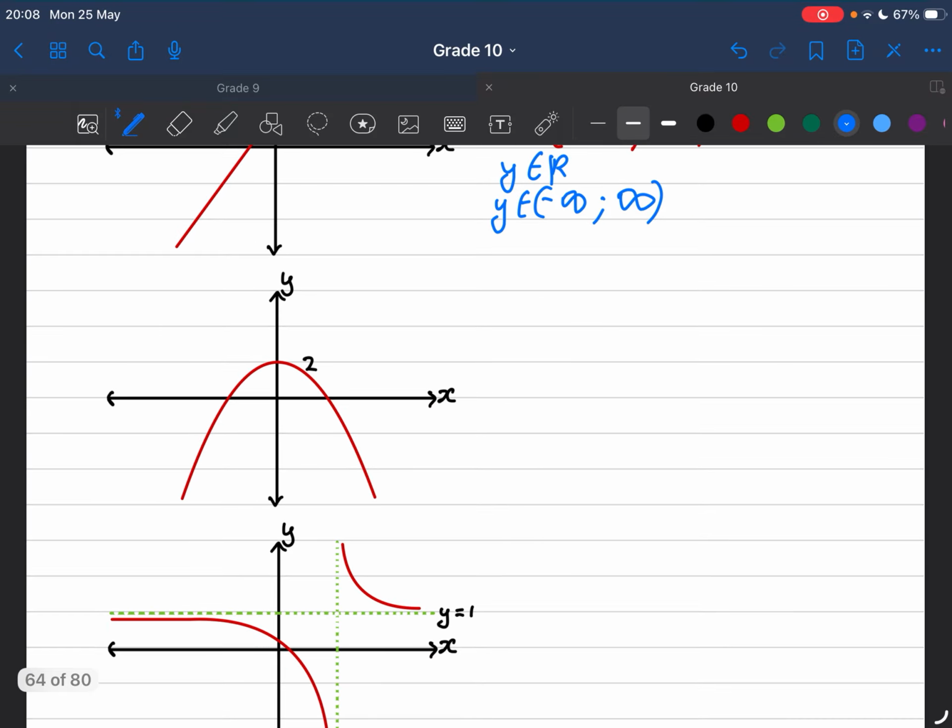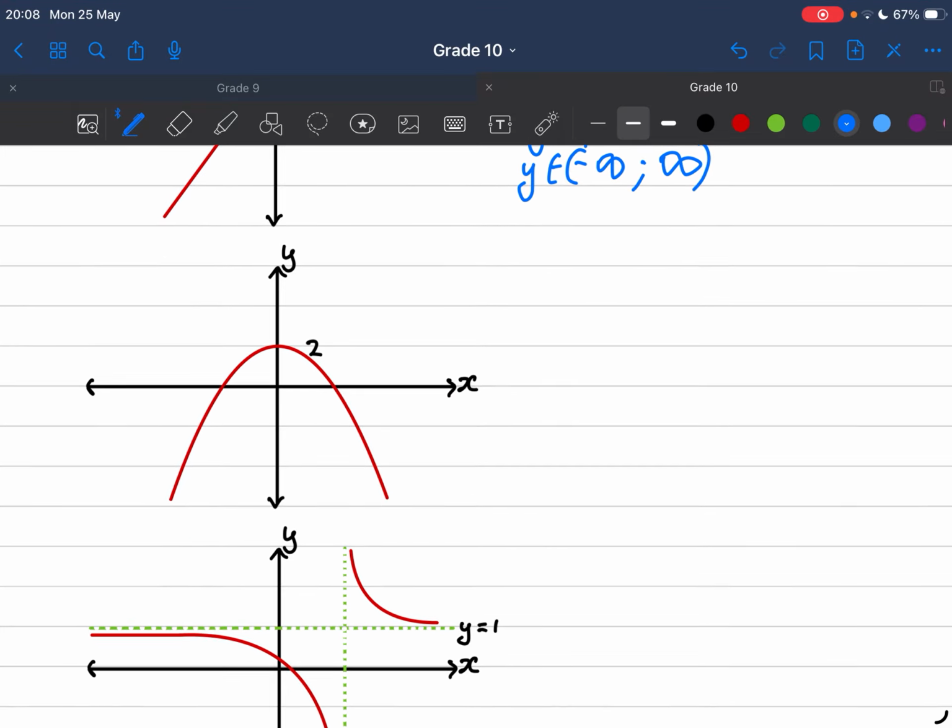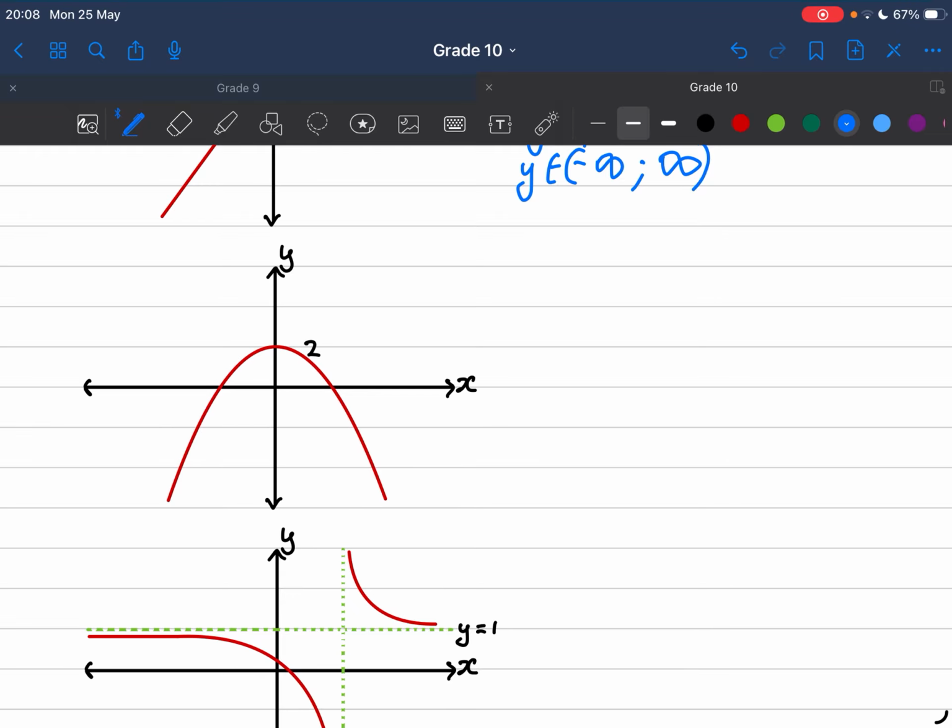Let's try this graph. The parabola that we're looking at. How wide is the graph? Alright, you've thought about it. So how wide? It's infinitely wide. So x is an element of real numbers. How tall is the parabola? Alright.